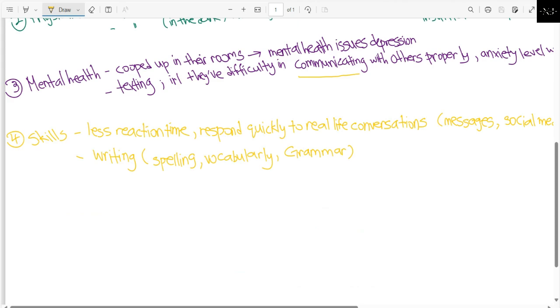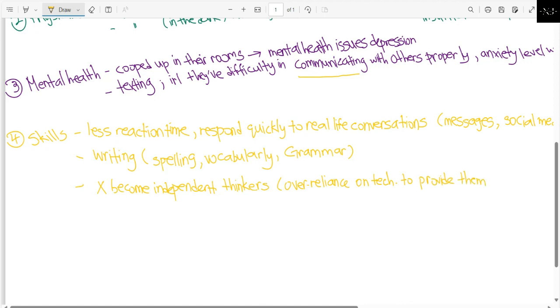Okay, I just realized one more thing we can talk about. We can say that the skill that students will lose is that they cannot become independent thinkers, meaning they always have to rely on the internet or whatever software to provide them the answers, or even notes.